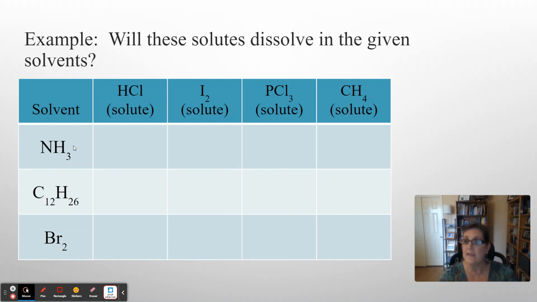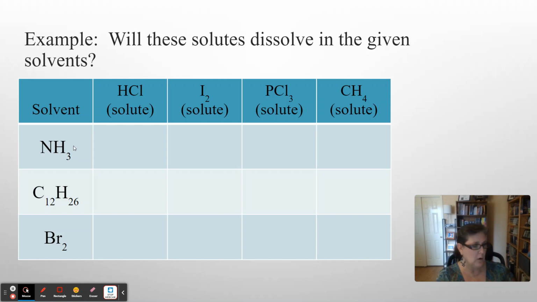Now we have to think, is NH3 polar or nonpolar? For that, you may need to do a Lewis dot structure. So hit pause and do a Lewis dot structure if you can. And we're back.